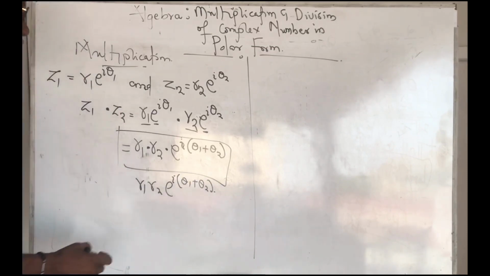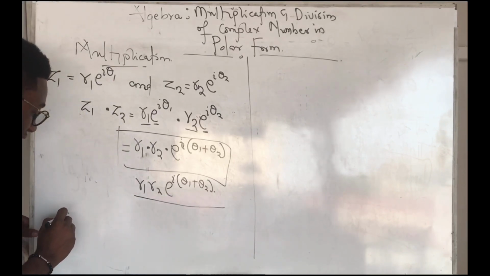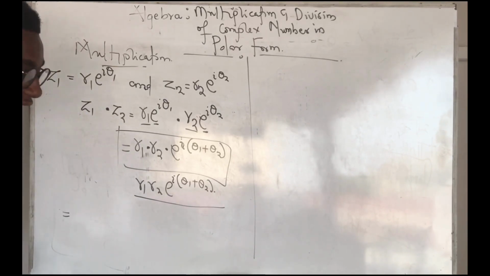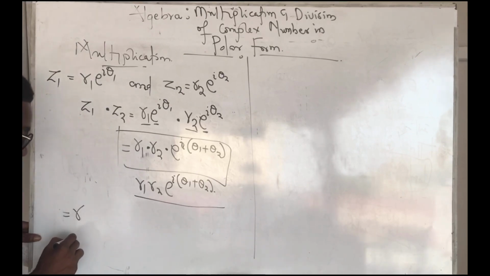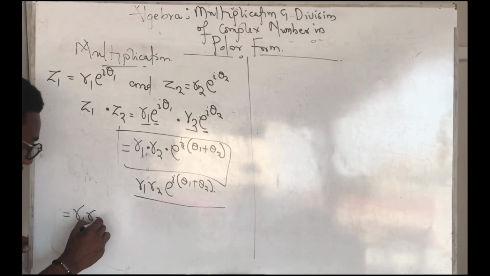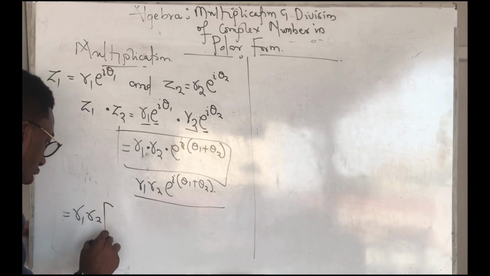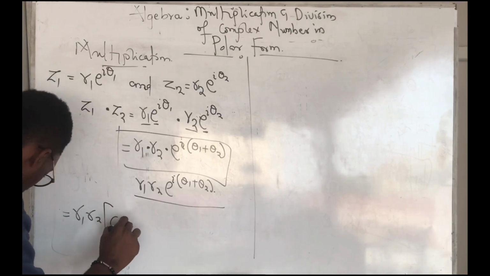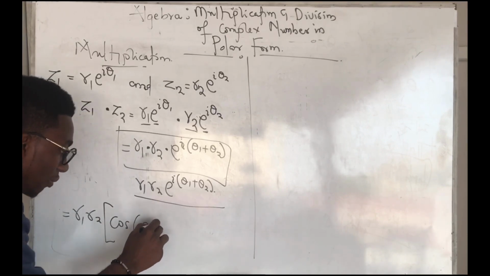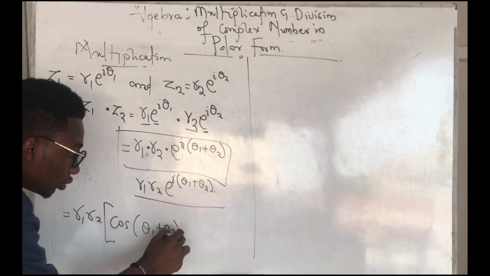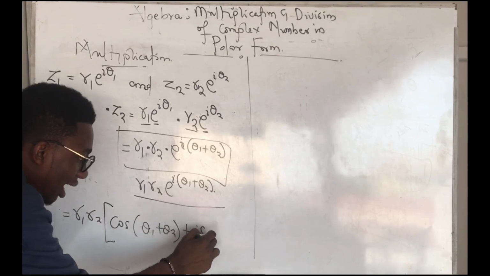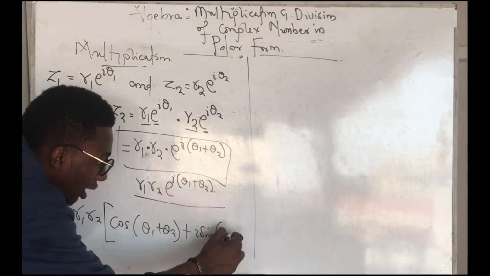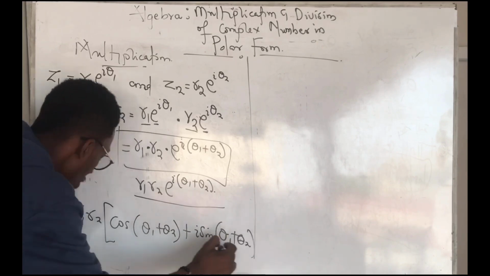If you have something represented in this way, then you can send it into the cos function and the sine function: r1 r2 into bracket cos of theta 1 plus theta 2 plus i sine of theta 1 plus theta 2.